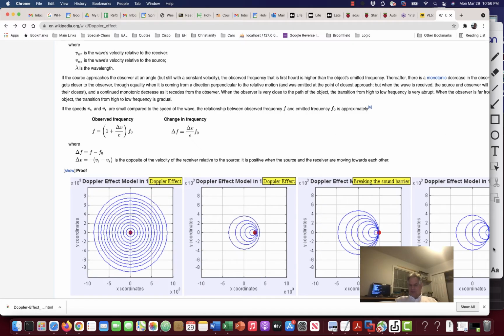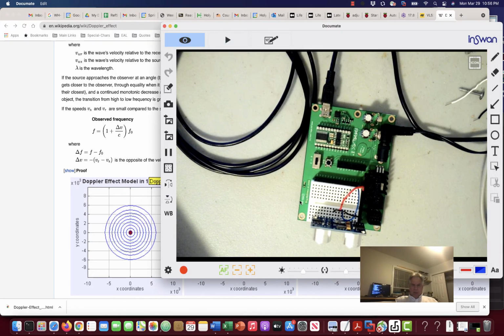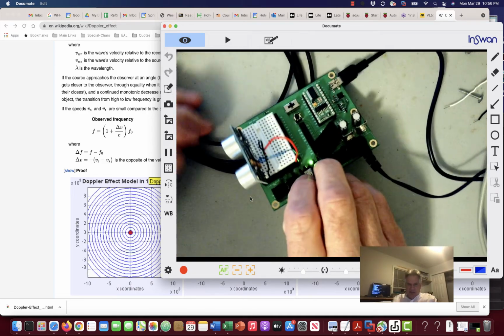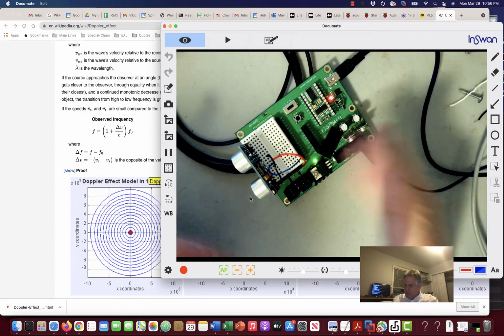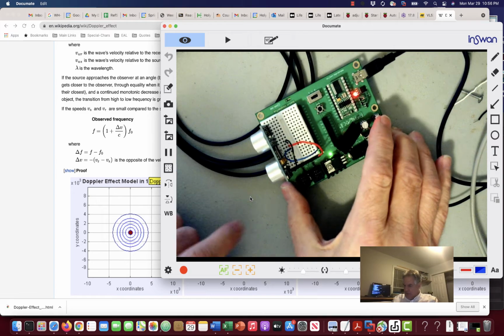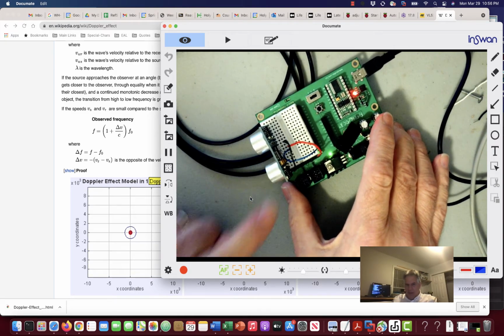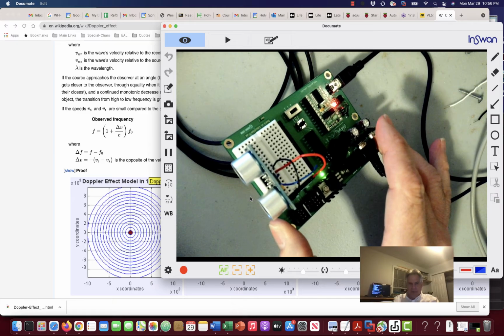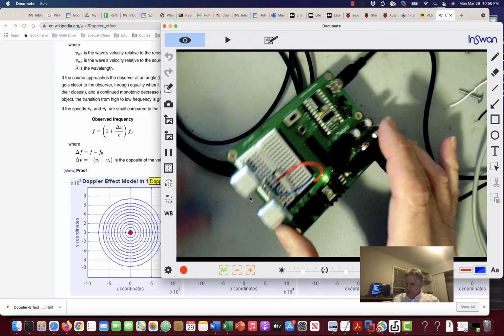Let's go look at our basic program here. If you look at this, this is our basic stamp, and this is one of these ping things. One of these guys is the sender, and one of these is the receiver, and I actually don't know which one, nor do I really care.